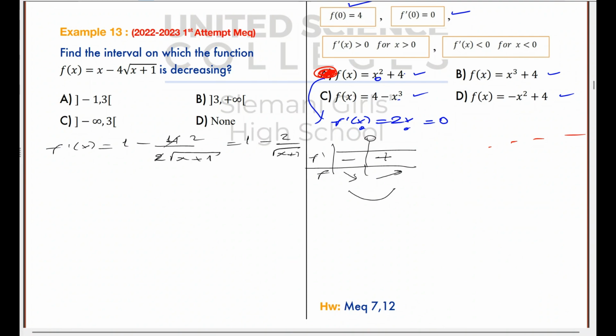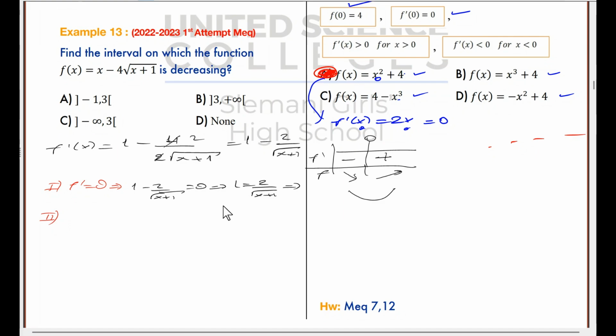So let's check the first, since that's rational, I will use both of the cases, derivative being 0, derivative being undefined. If f prime is 0, then 1 minus 2 over square root x plus 1 is equal to 0. Then 1 is equal to 2 over square root x plus 1.